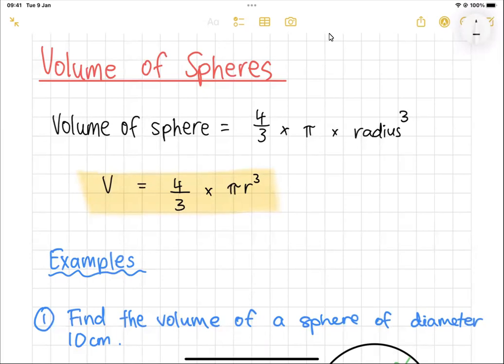A shorter way to write this, if you don't like words, is V equals 4/3 pi r cubed. Please be careful, as you may make silly mistakes by assuming it'll be radius squared rather than radius cubed. Please keep that in mind.